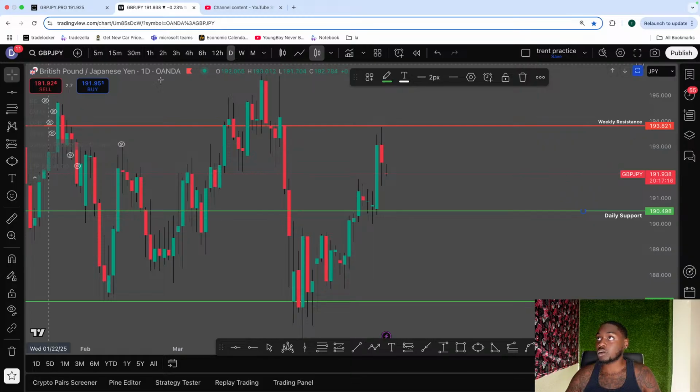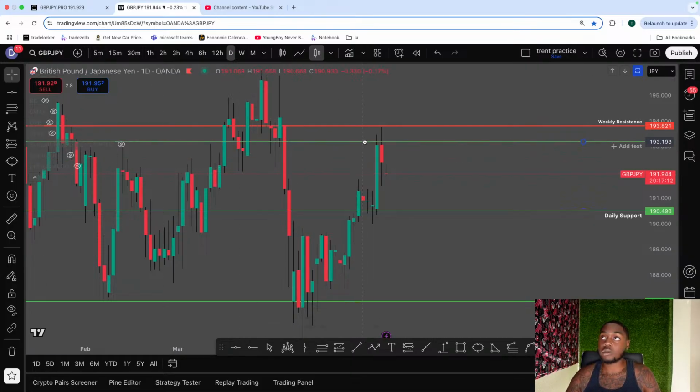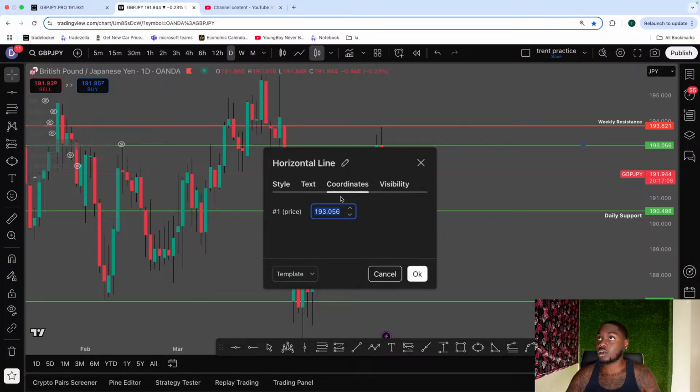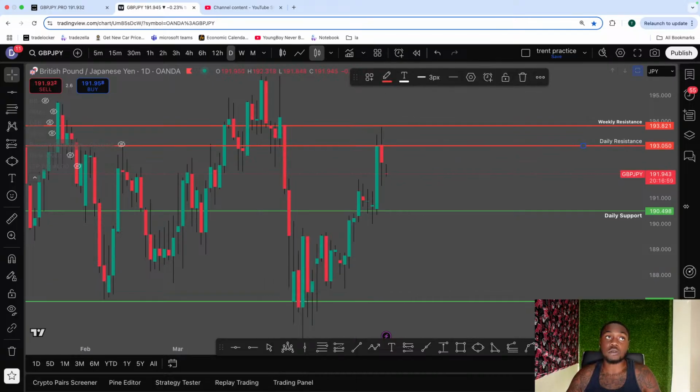Daily resistance is going to come from up here. This is where the sellers came in on the daily chart. And we can just put this at 193.050, make this a daily resistance. This is the most recent. See, we got a sell candle here, red candle.